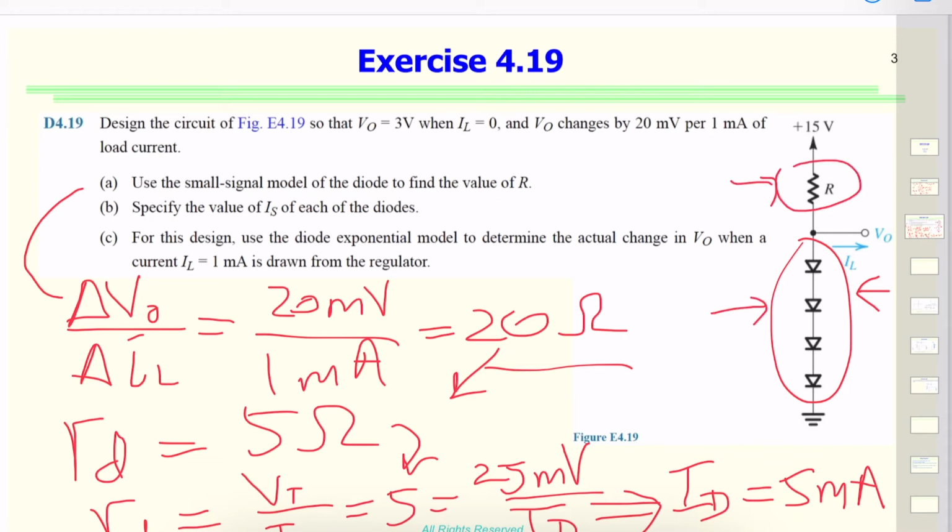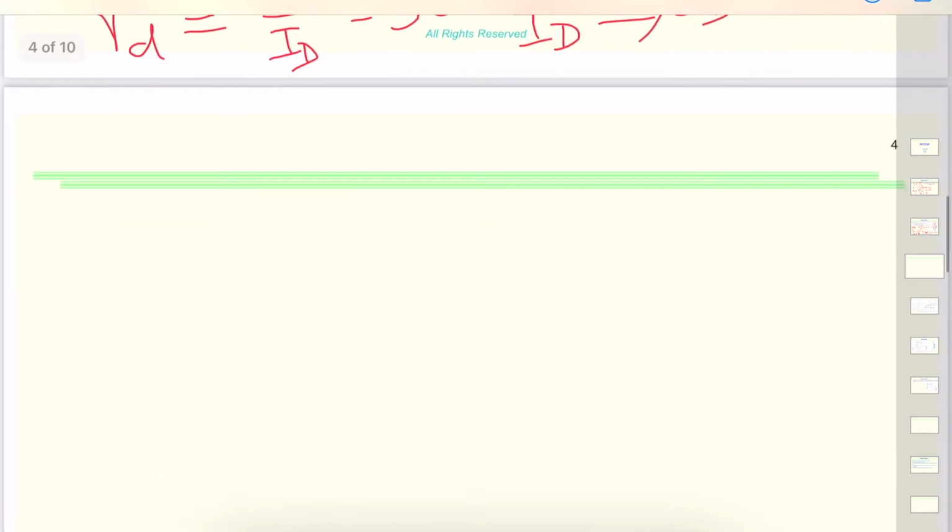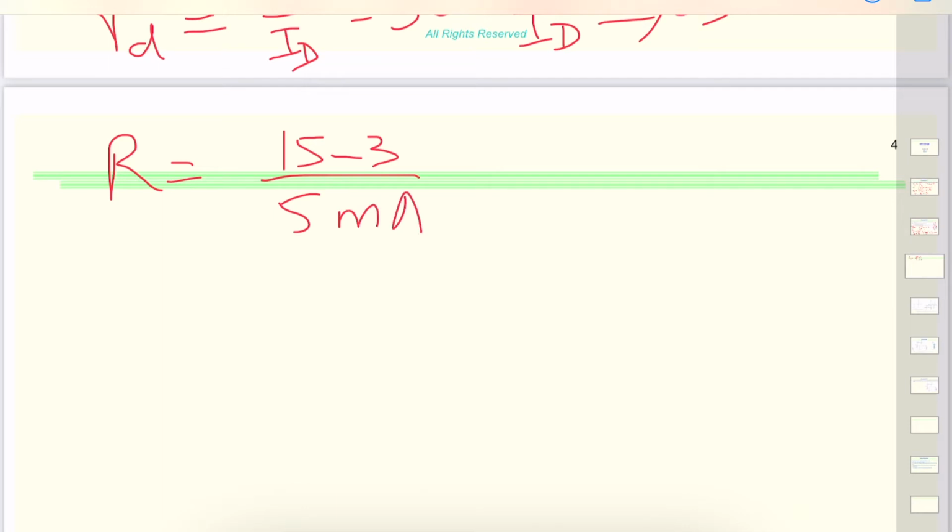So we need to find out what should be the R value here. And that's the question. So R would be then the difference of voltage divided by 5 milliamp. So that's 2.4 kilo ohms.